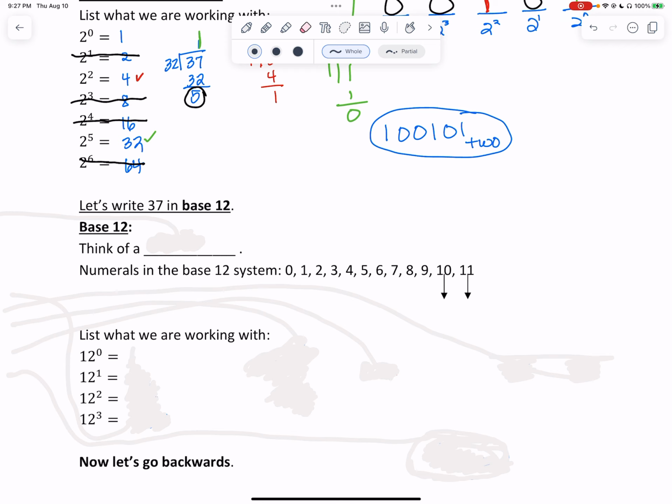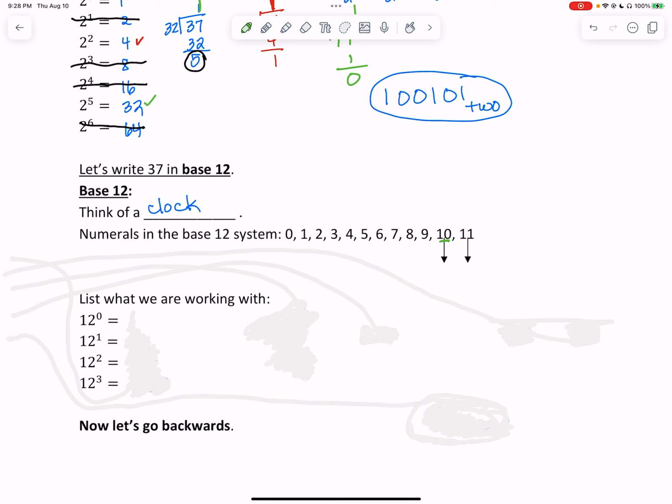Now we're going to have the same 37 cubes, and we're going to write it in base 12. When you think of base 12, think of a clock. We're going to have all the numbers 0 through 11. The problem is our 10 and our 11 take up 2 spots, so we have to somehow make each just 1 digit.